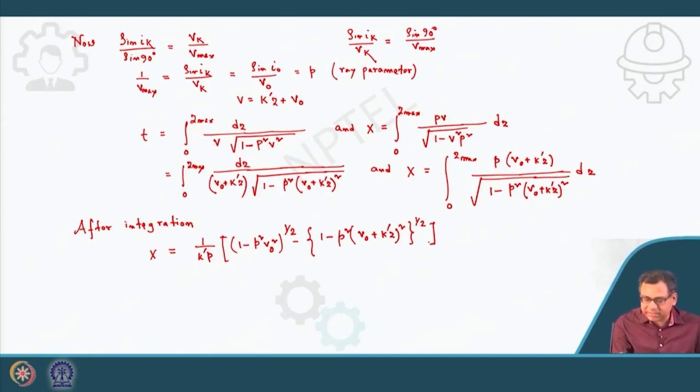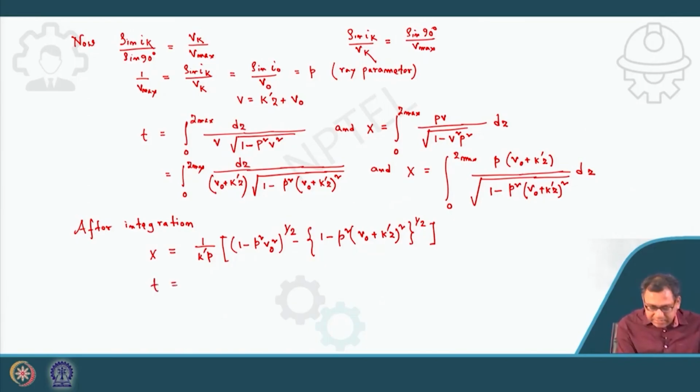After integration, I will get the x value as 1 by k dash p, root over 1 minus p square v0 square to the power half, then 1 minus p square (v0 plus k dash z) square to the power half.